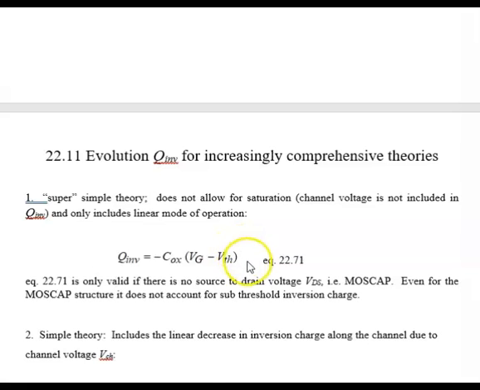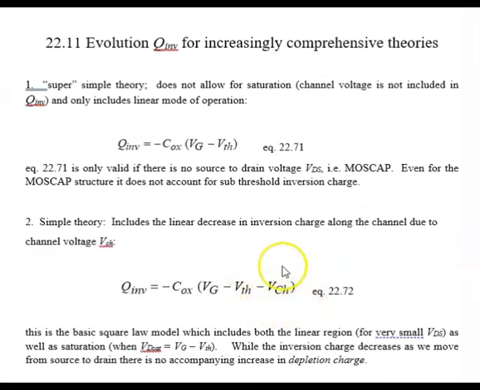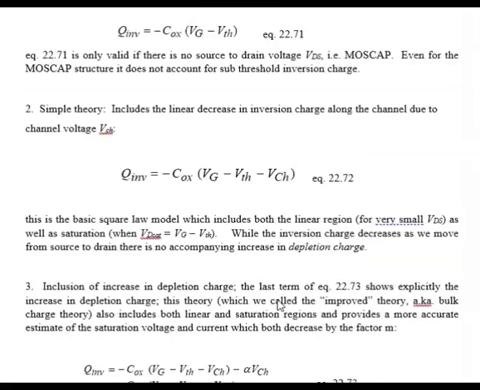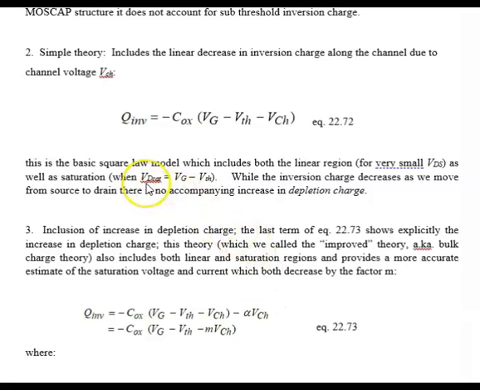So it's not terribly useful. In the simple theory, we include the channel voltage, and if we include the channel voltage, we get the square law. And of course we get things like VD-SAT and ID-SAT. But it does not include the effect of increased depletion region along the channel. And for that, we look at equation 2273, which does include the increase in channel voltage.